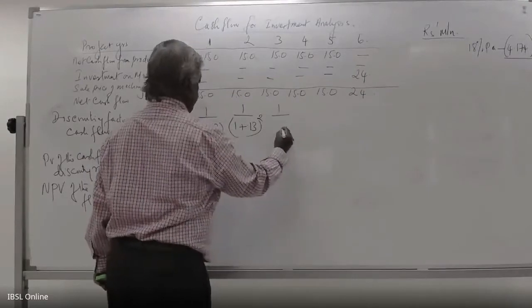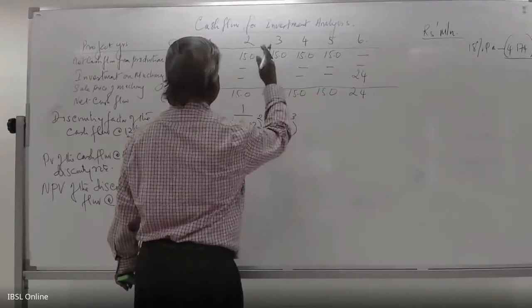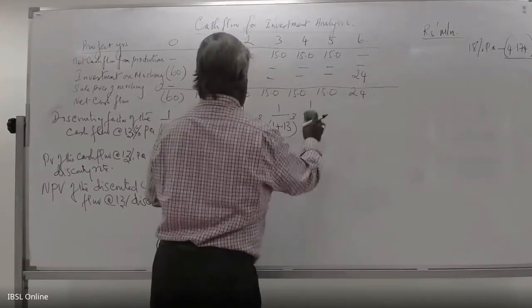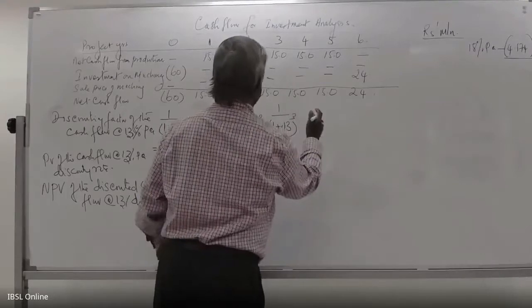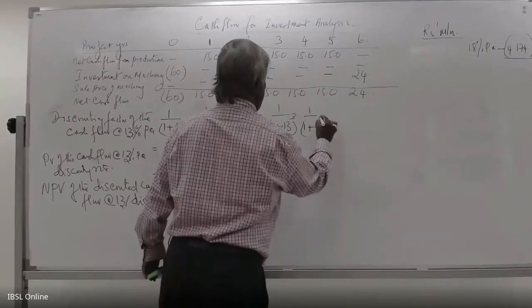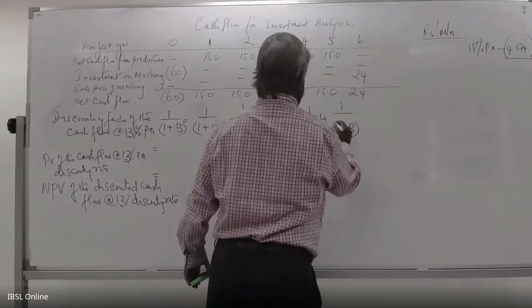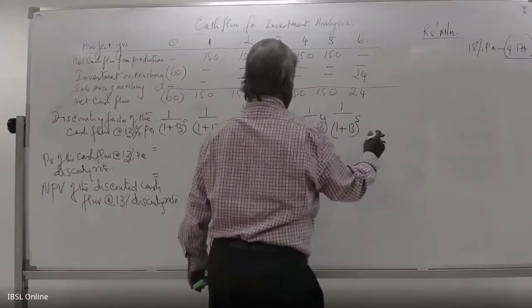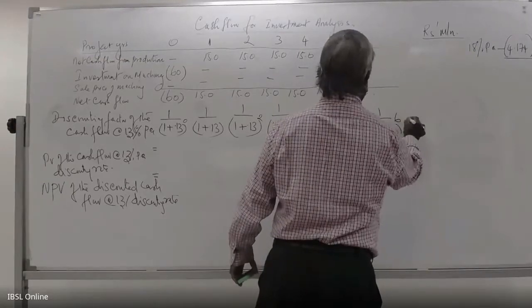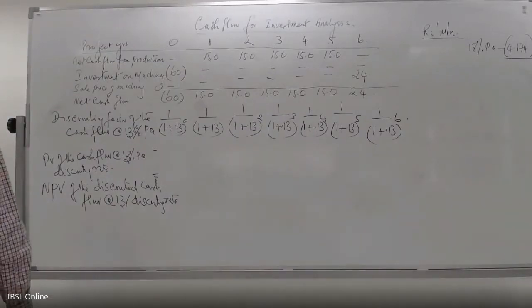Here 1 divided by 1 plus 0.13 to the power 3, to the power 4, to the power 5, to the power 6. This is the discounting factor.